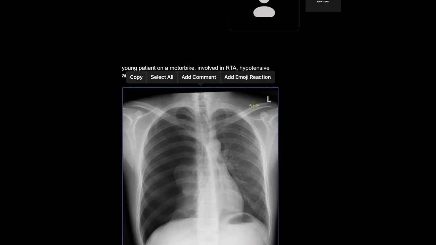Okay. So could you please tell me how will you manage this liver tear? I'll start off with ATLS protocol, airway, breathing and circulation, and I'll go for biochemical investigations as well as FAST scan. If I come to know that there is free fluid in the abdomen, then the patient should be managed.